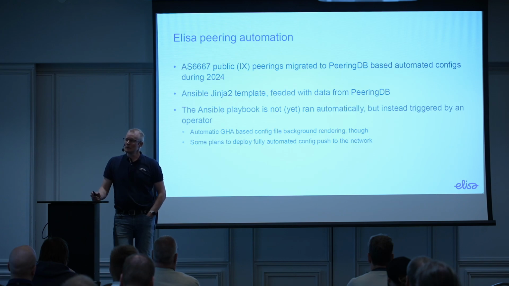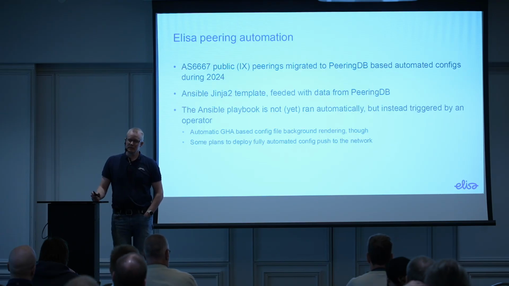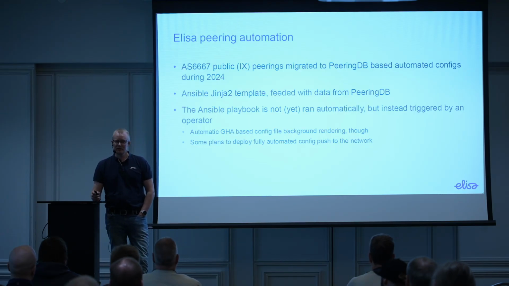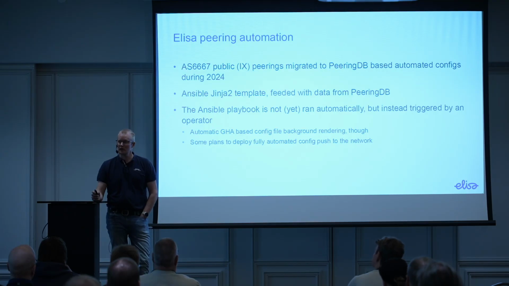So in this sense, it's only semi-automatic. But we do have this automatically rendering all the configs in the background via GitHub Actions. So all the fully rendered configs are available all the time and updated a couple of times per day.